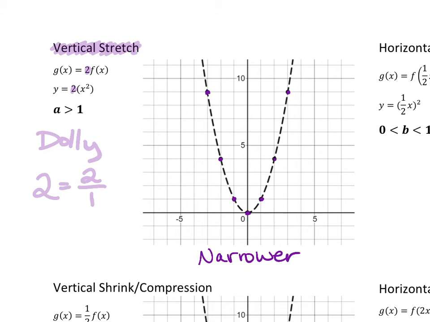So 1 times 2 is 2, and 4 times 2 is 8. So when I plot all of these coordinate points together, I have a narrower graph because I've multiplied that Dolly Parton number by 2 and squeezed it in. That's a vertical stretch of the parent function.